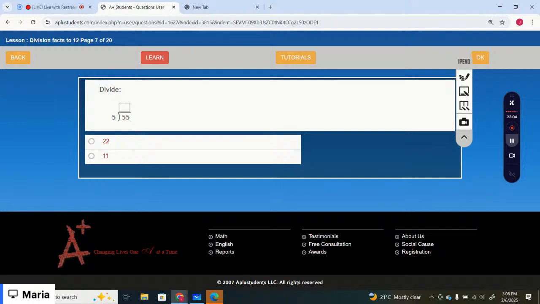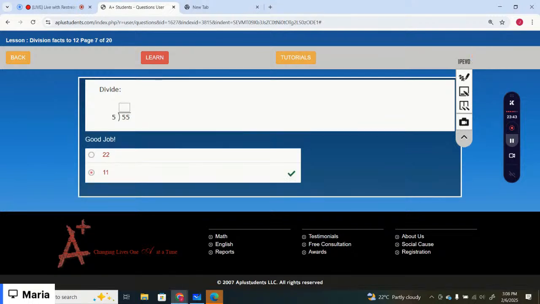55 divided by 5. 5 times what number is 55? 5 times 11 is 55.